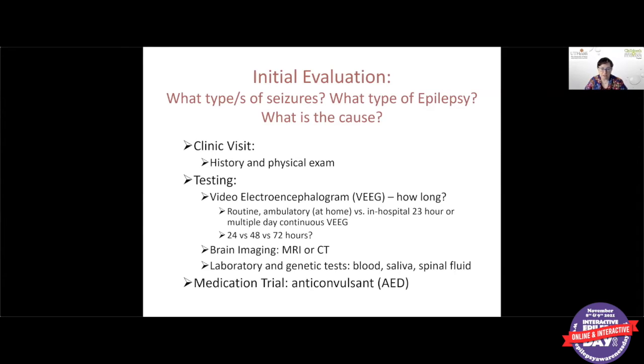That can change what medication might be chosen first or might be thought to work best. And sometimes the EEG is also helpful in making sure that the medication is going to be the one most likely to help with controlling the seizures.